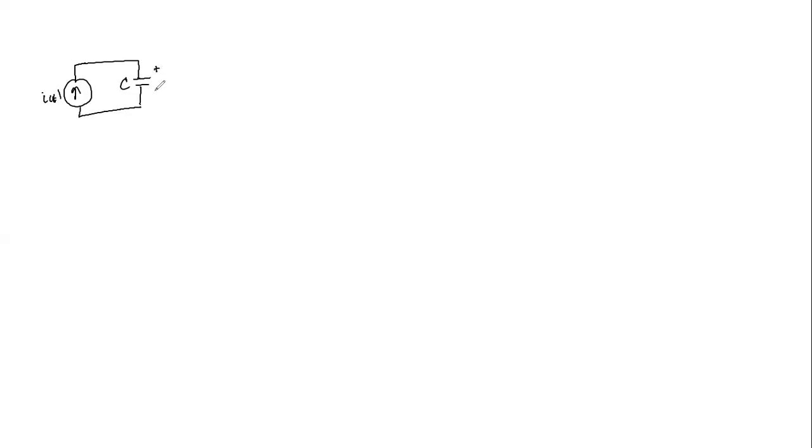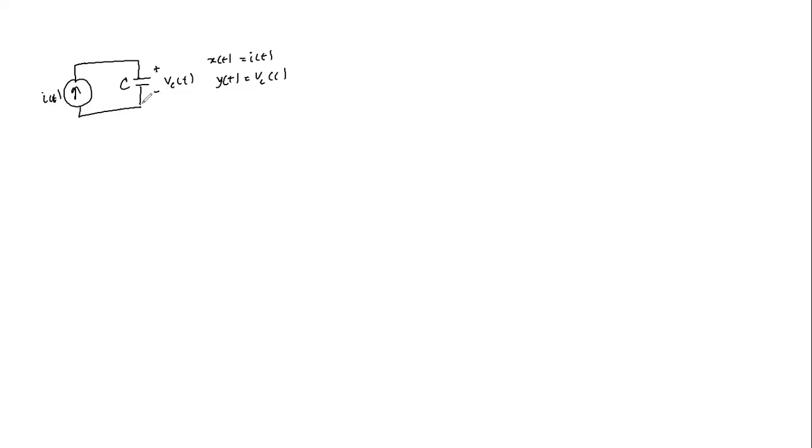We have the capacitor, Vc of t. So in this case, if we assume that S of t is the same as I of t, this is the input, and then Y of t is the same as Vc of t, then we want to determine the type of system this is.